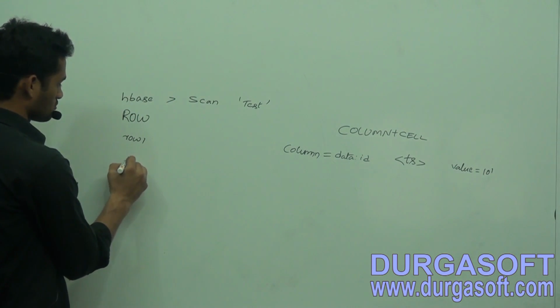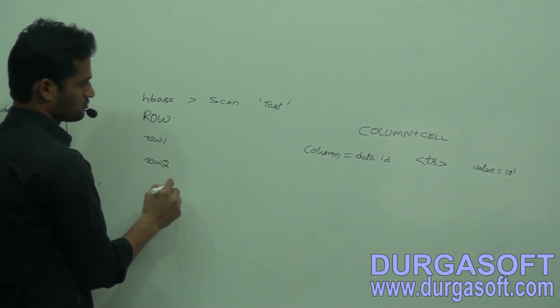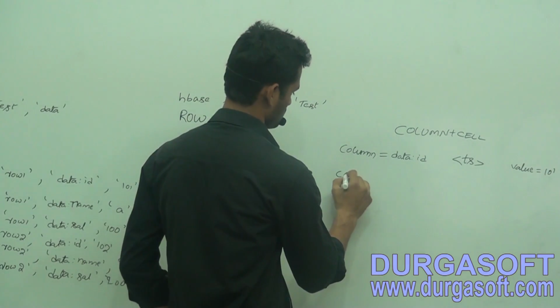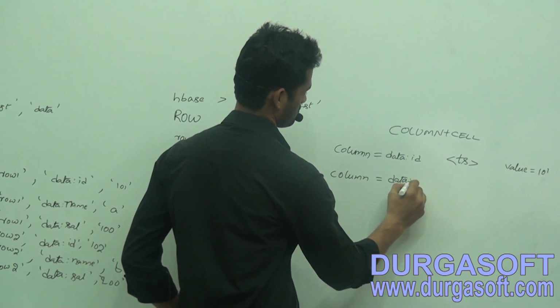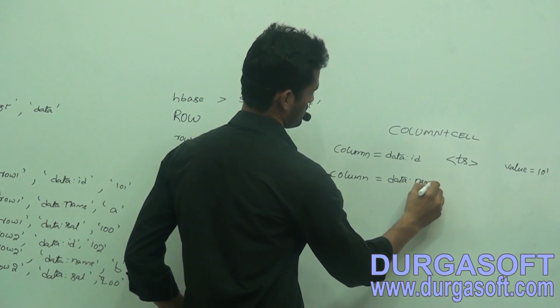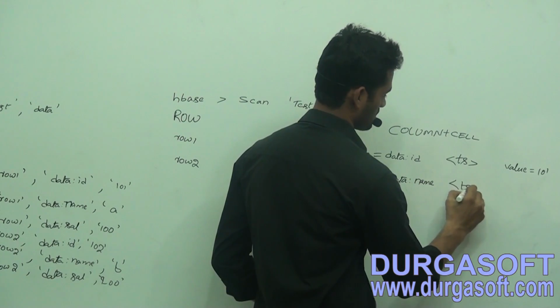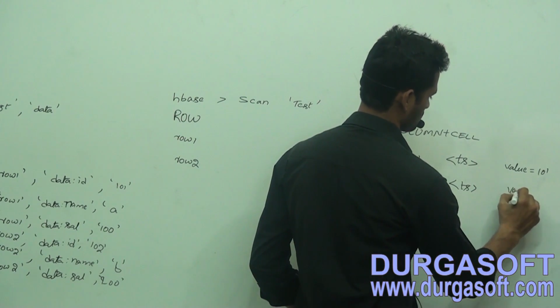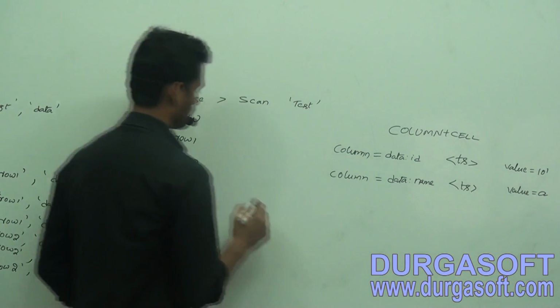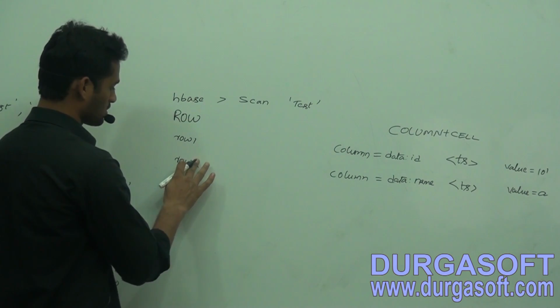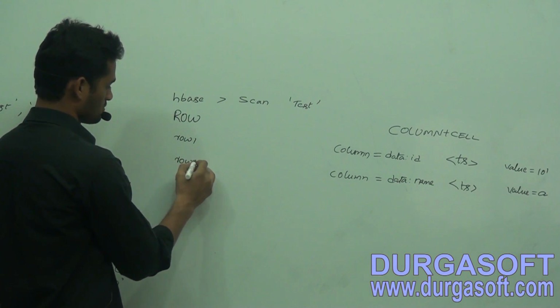Next, row 2. Column data colon name, timestamp will be given, and value is equal to, what is that? Name A. For row 1 only, right?